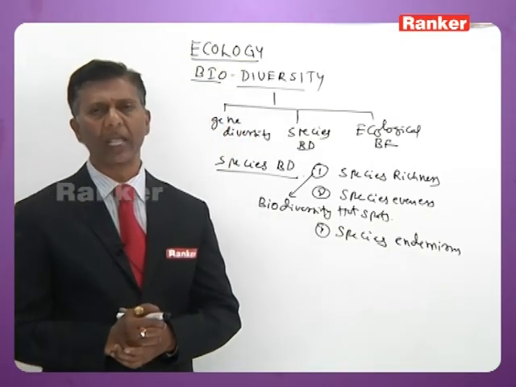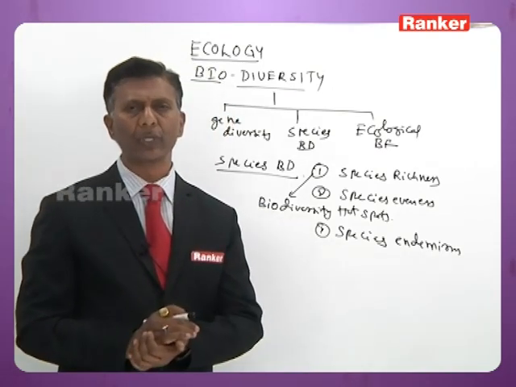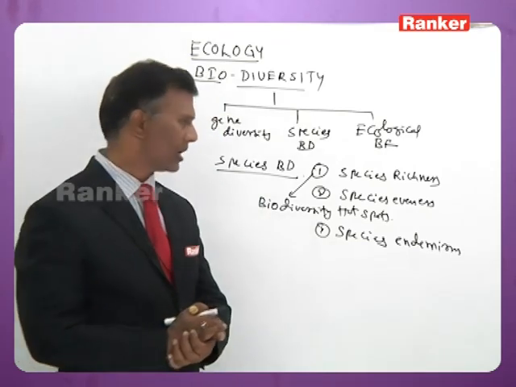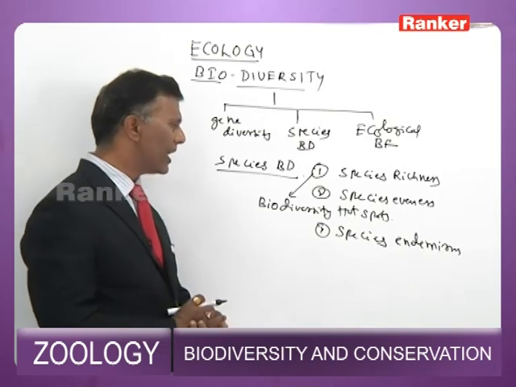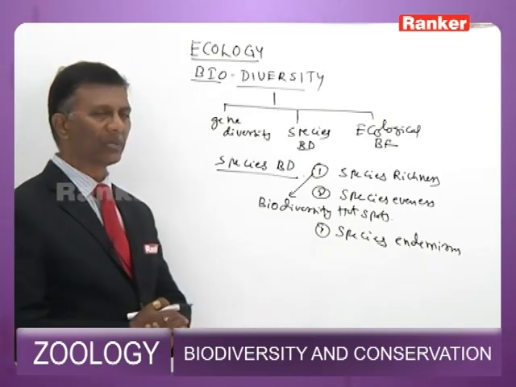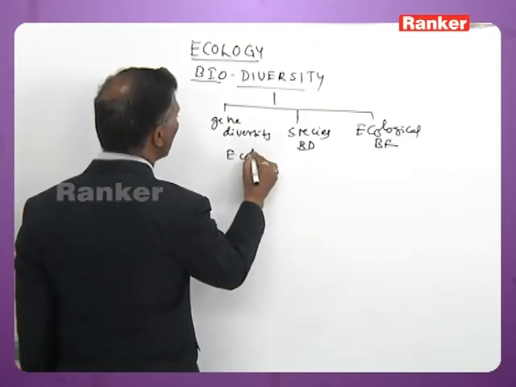For instance, take Gavialis gangeticus, commonly called the gharial. It is endemic only to the Ganges and tributaries of the Ganges in India, which is called species endemism. So species richness, species evenness, and species endemism are the attributes of species biodiversity.